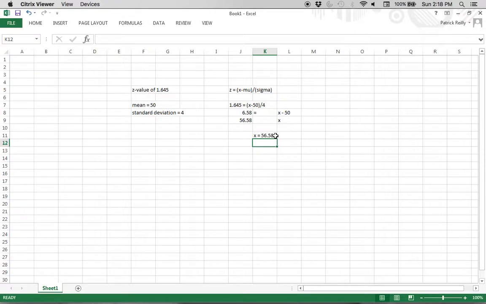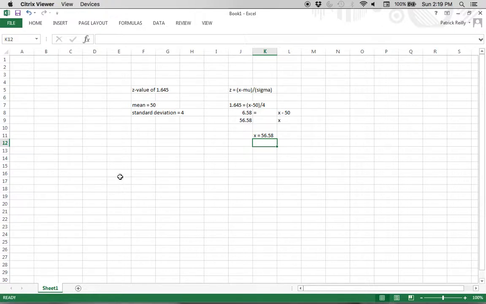Okay? So what we did was, it told us the percentage of the population below a certain point, right? So 95% is below what point? So if we know the percentage we want, we're going to try to find the x value. So we have to work backwards.